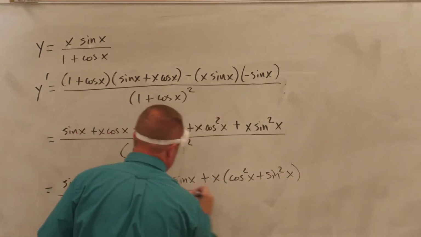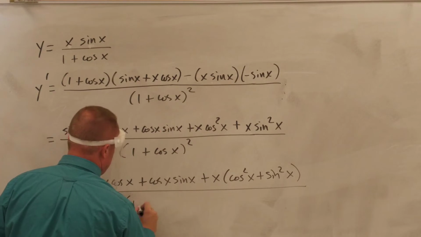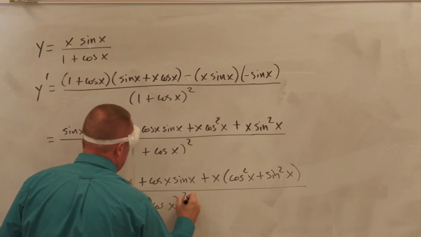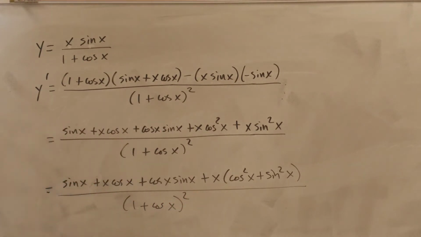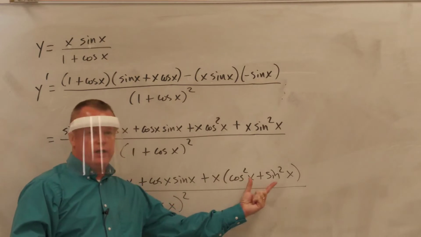If I factor out an x, all right? Well, then I get cosine squared plus sine squared. What is cosine squared plus sine squared? 1. Pythagorean identity. So this thing here just equals 1.